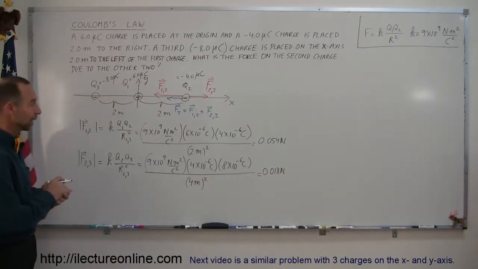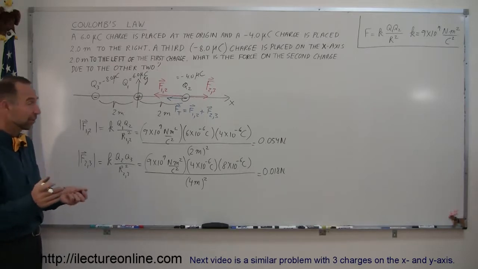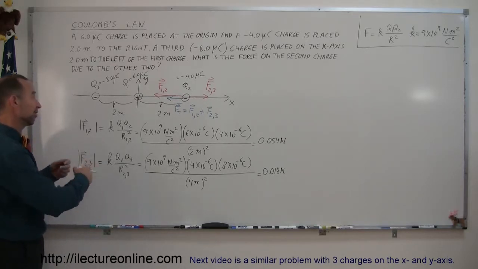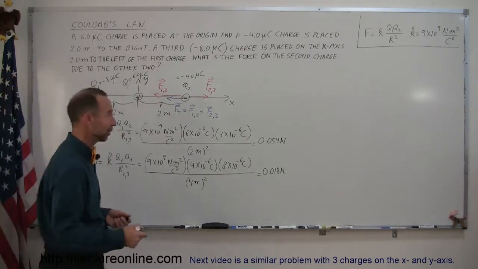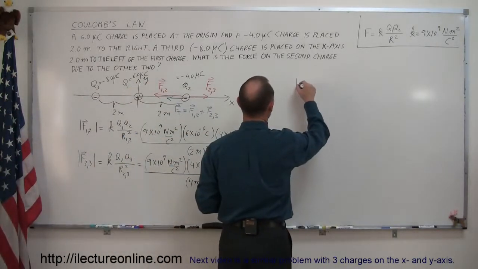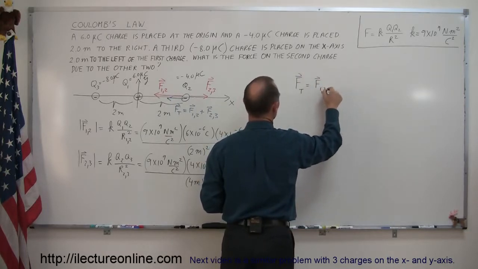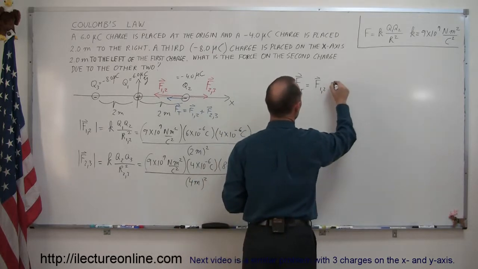Now we need to add those magnitudes together. Since they're vectors, we can only add the x components and the y components separately, but since there are no y components, we only have to add the x components here. So F total is going to be equal to the sum of F12, the force between 1 and 2, and F23, the force between 2 and 3.